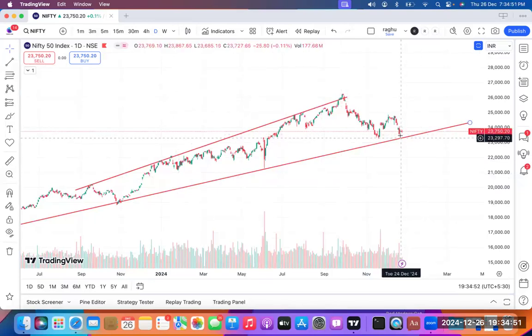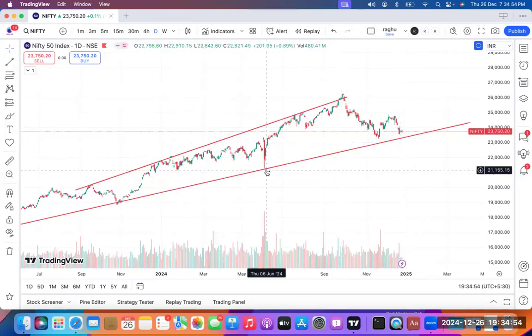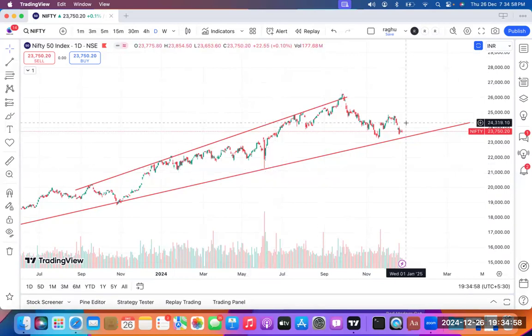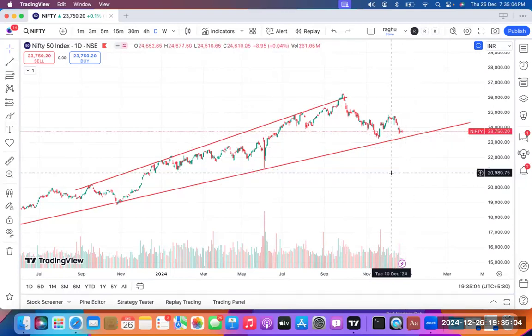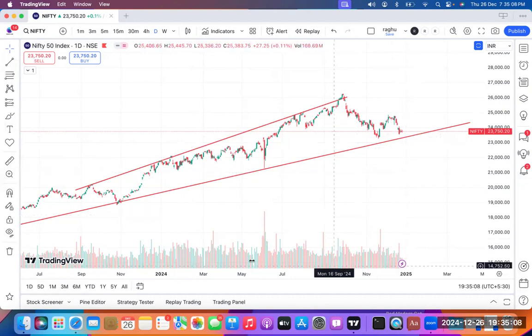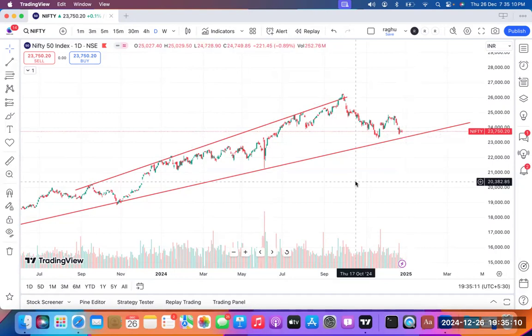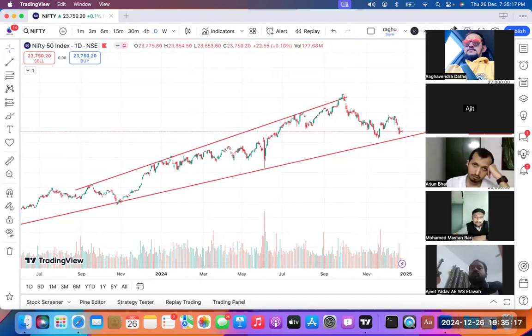Here, there is still a gap where the stock, index or chart can give a further drop to take a support. In a chart, when you're understanding price action, the key point you need to remember is your support and resistance, that is point number one. So you should always know your support and resistance.